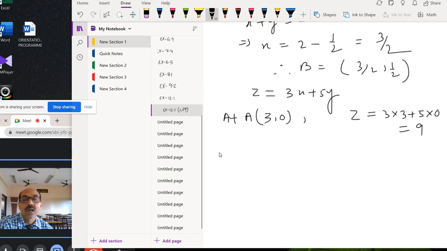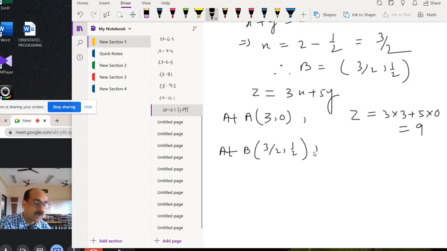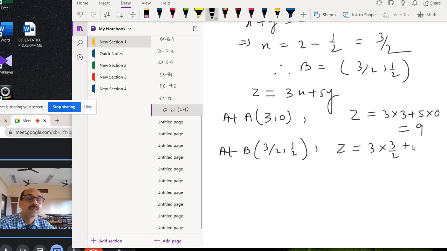Okay. Now second point at B, 3 by 2 comma half. So Z equal to 3 into 3 by 2 plus 5 into half. So 9 by 2 plus 5 by 2. 9 plus 5, 14 by 2 is equal to 7.